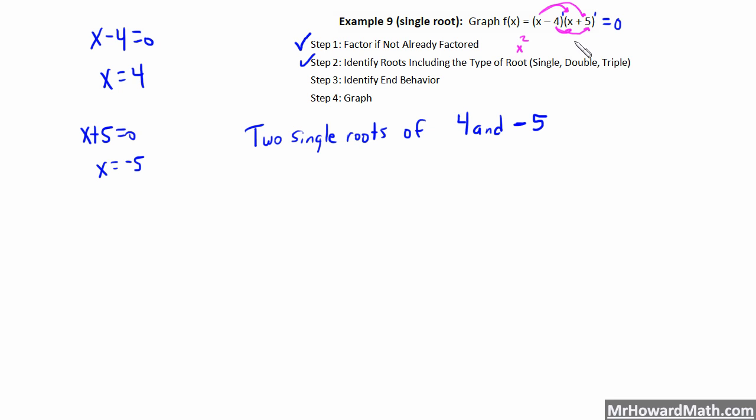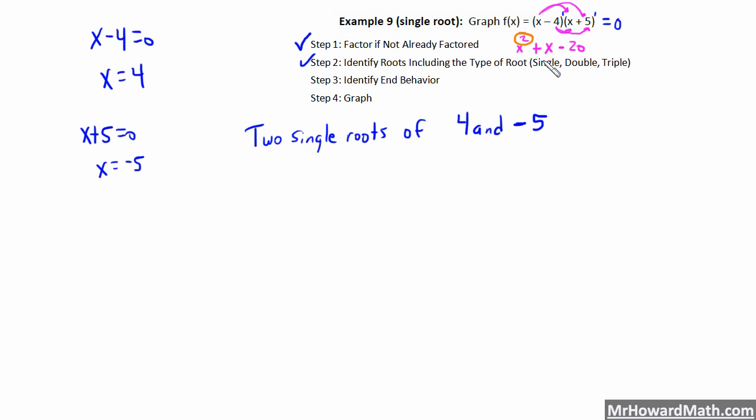That would be a minus 4x and a plus 5x, so that would just be plus x. And then negative 4 times 5 is negative 20. So if we expanded this out, we'd have x squared plus x minus 20, and that would give us a degree 2 polynomial, right? This is a quadratic. You knew that already from looking at this in your previous experience.